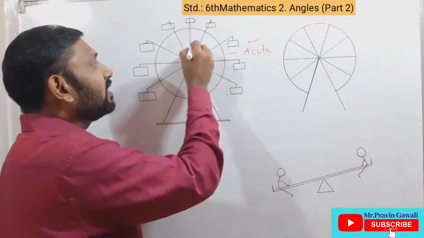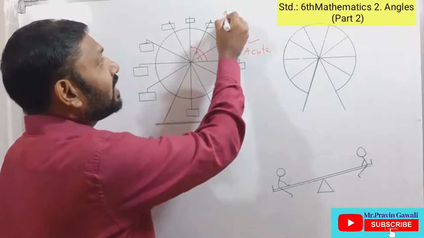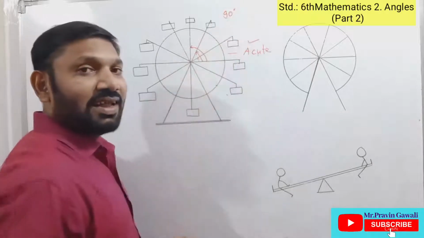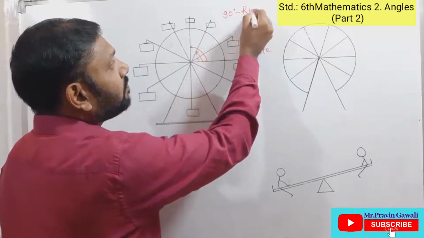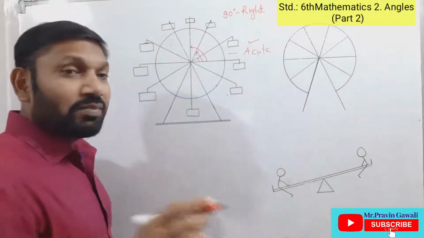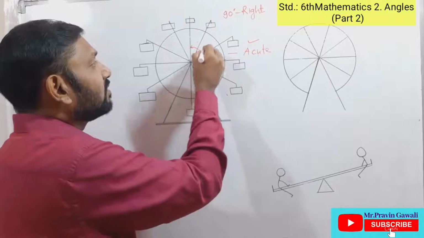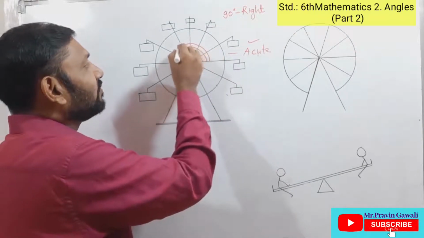See this angle, it is definitely what? 90 degrees, and we know that it is a right angle. Again we will move further. See this one, as well as this one.